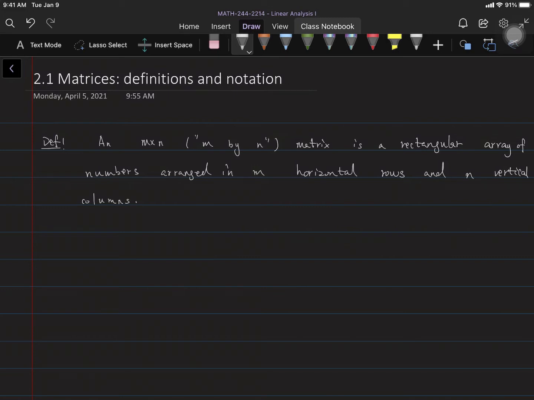The entries are called the elements of the matrix. So this is the definition for the matrix, and all the entries are called elements of the matrix. The m by n is called the size of the matrix.